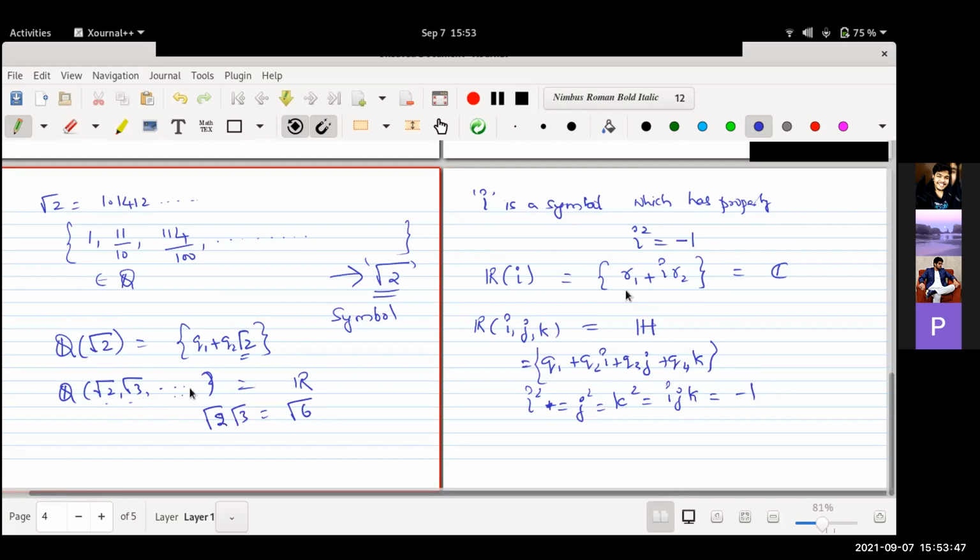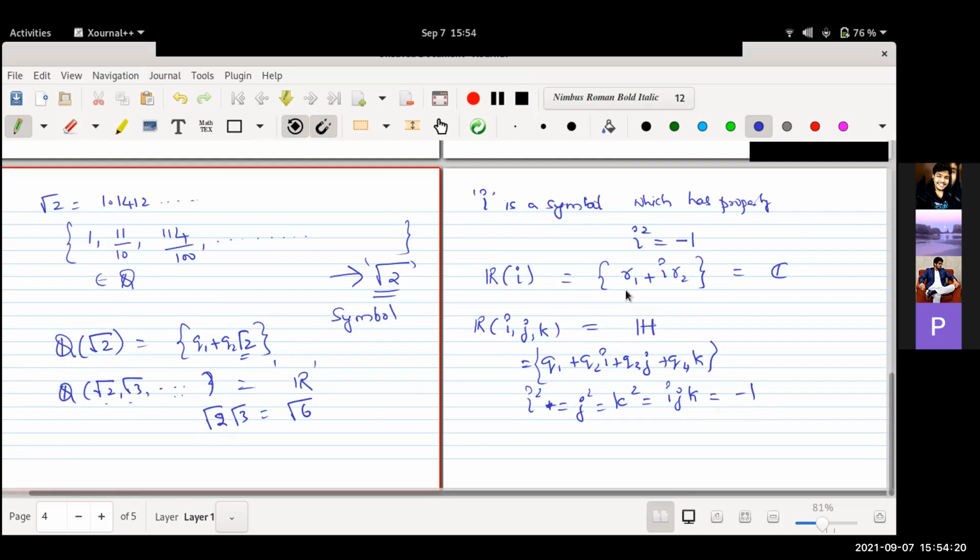These are just expressions. Every irrational number, if you include, it will become R. So here we had introduced some symbols I, J, K, which had this special property, and their interactions also have to be defined. So I square becomes a real number. Here, square root of 2 whole square becomes a rational number. Those are your defining expressions.